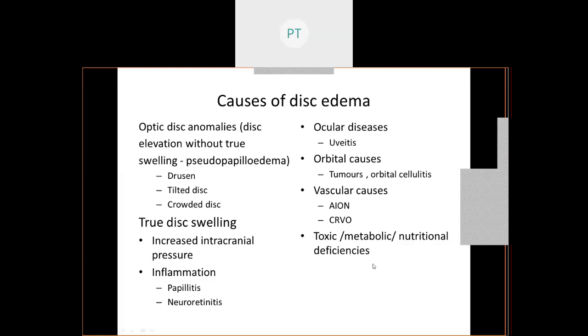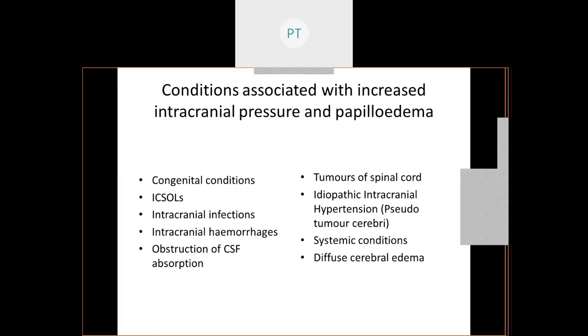Okay, so these can be the causes of bilateral disc edema. So what are the conditions associated with increased intracranial pressure and the causes of papilledema? Usually all patients with papilledema should be suspected of harboring an intracranial mass, right?